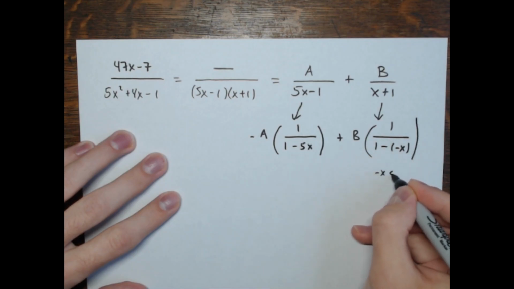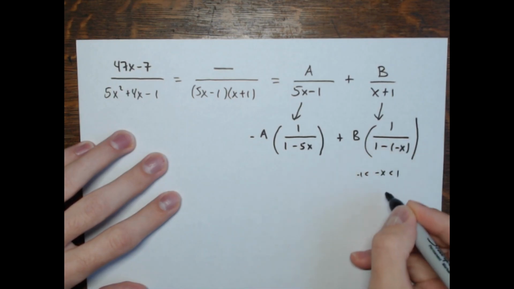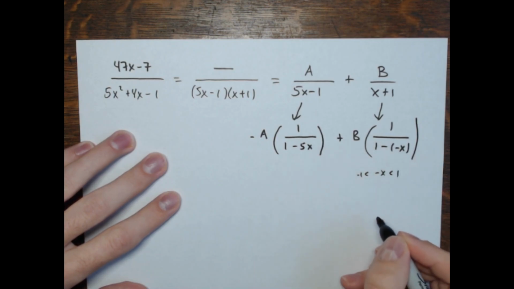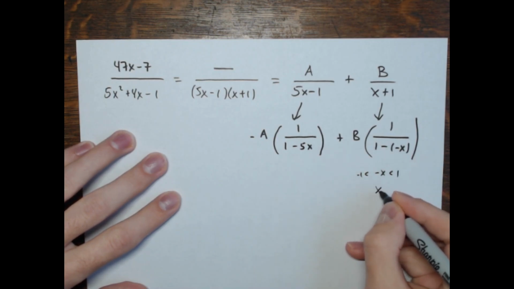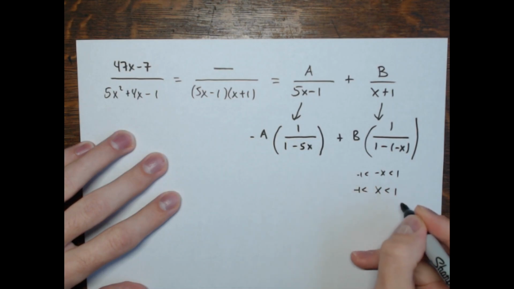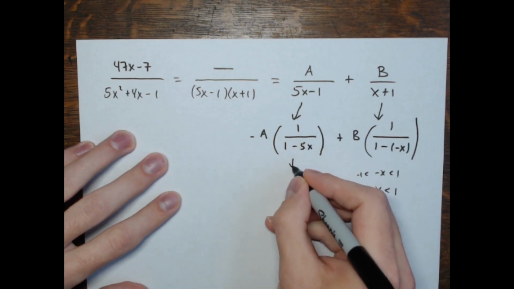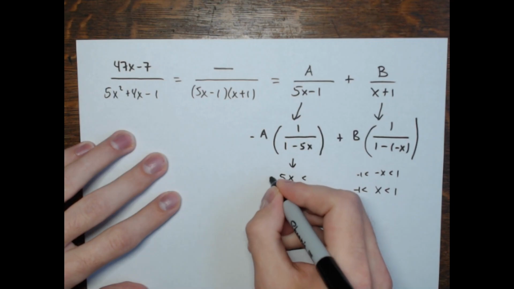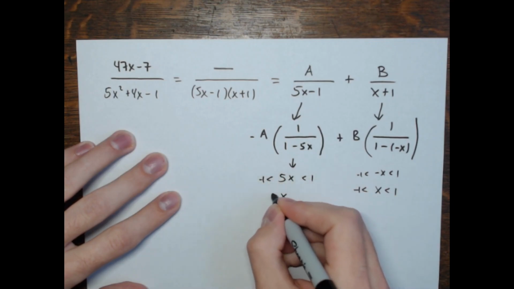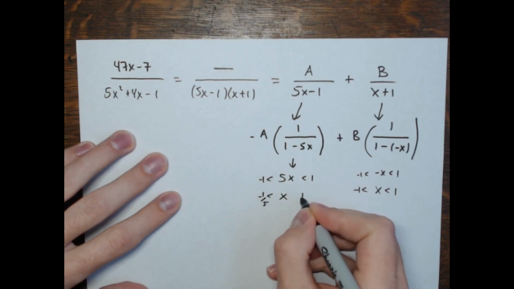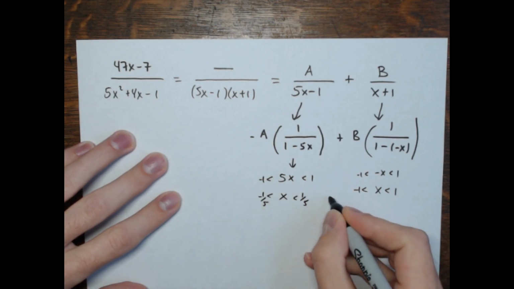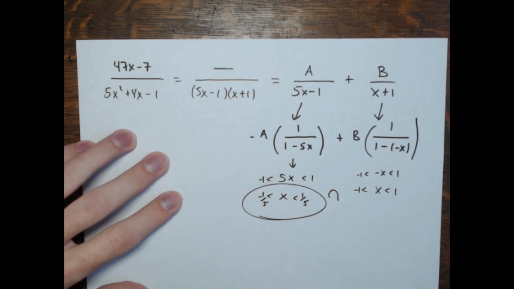So here negative x needs to be between -1 and 1 for us to have a series that converges to it, represented as a power series, meaning x has to be between -1 and 1. Here 5x would have to be between -1 and 1, meaning that x would have to be between -1/5 and positive 1/5. And then we do the intersection, which will just give us these values here.